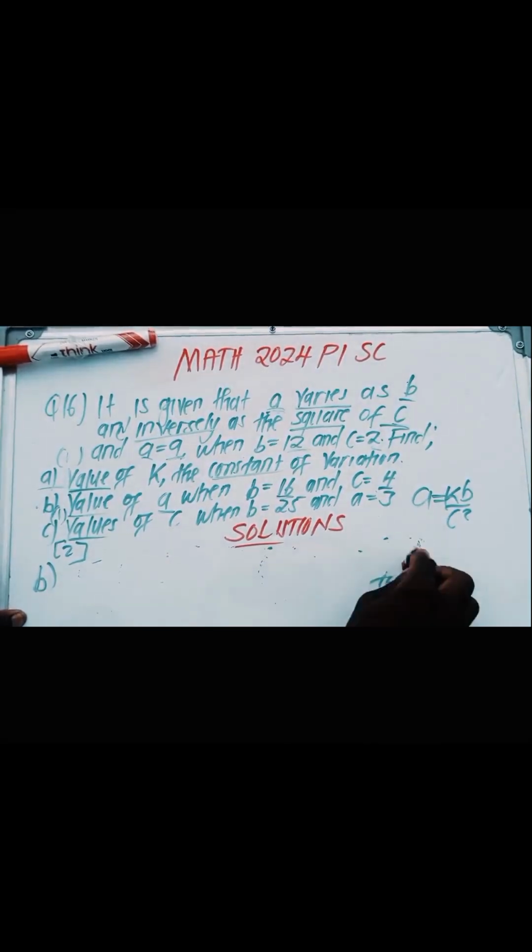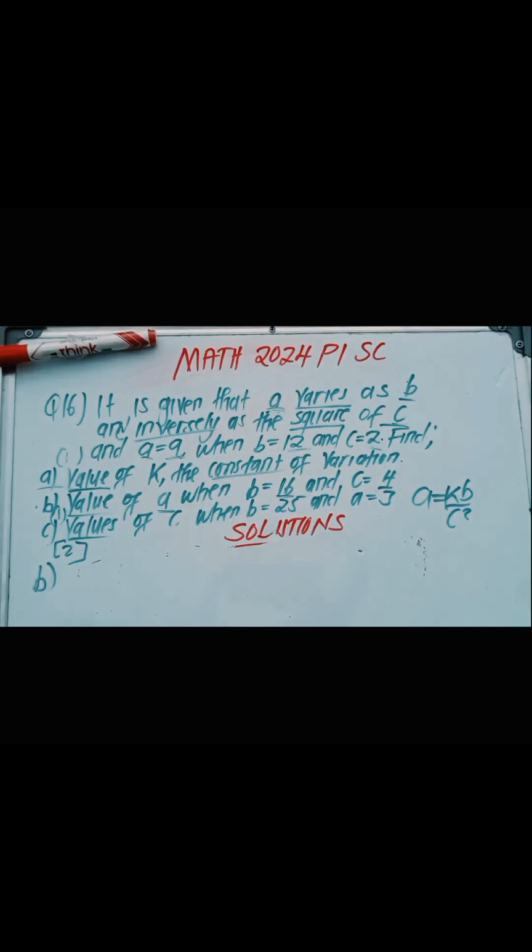We have been told to find the values of C when B is equal to 25 and A is equal to 3. Okay, so now let's actually write our formula. This is our formula, A equals KB over C squared.